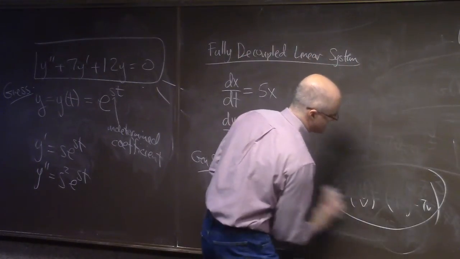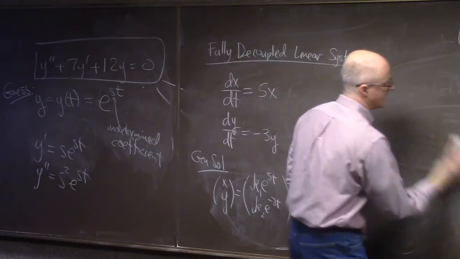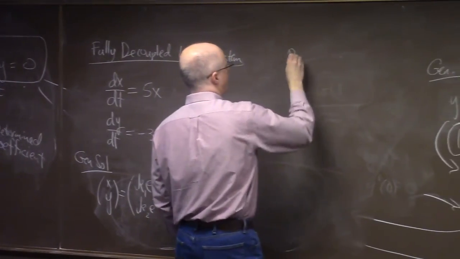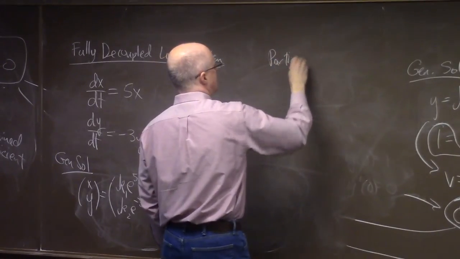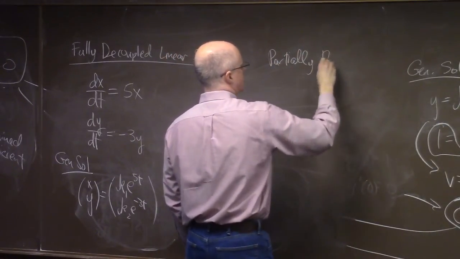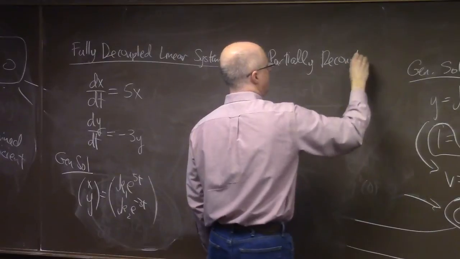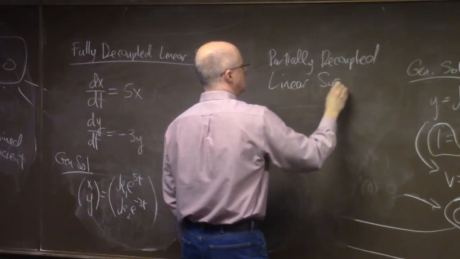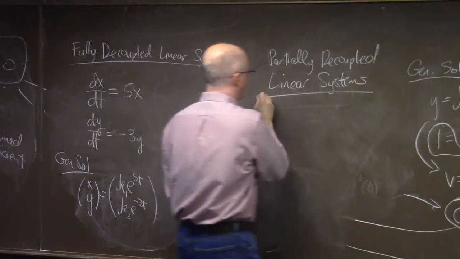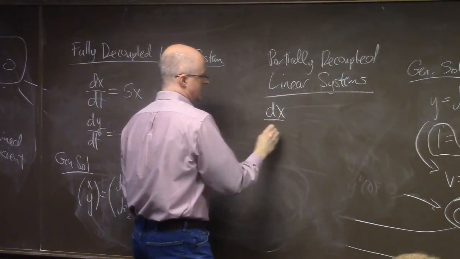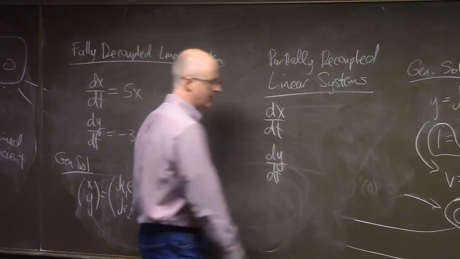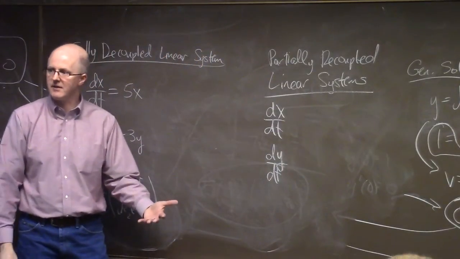Give me 1 minute just to talk briefly, without fully solving it, about partially decoupled linear systems. That's where one of the equations only involves that one dependent variable, but the other one might involve the other one.